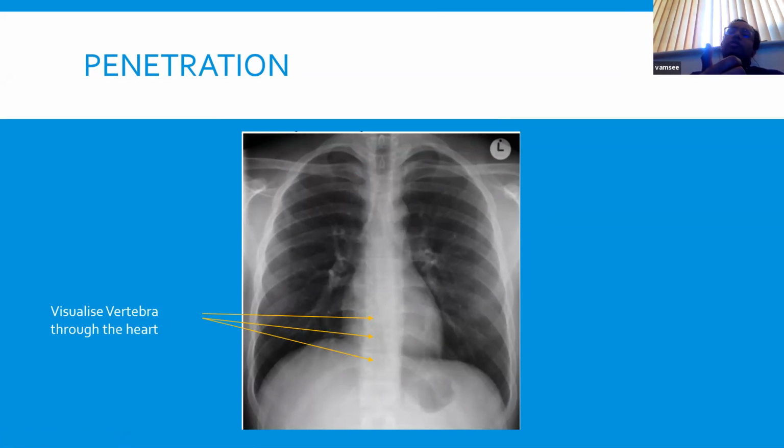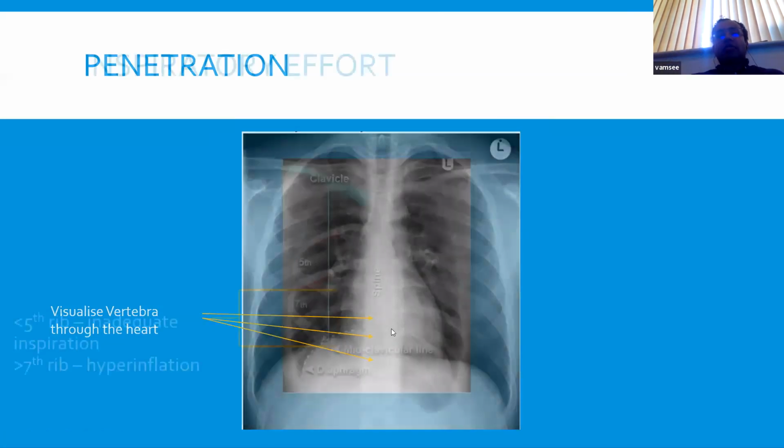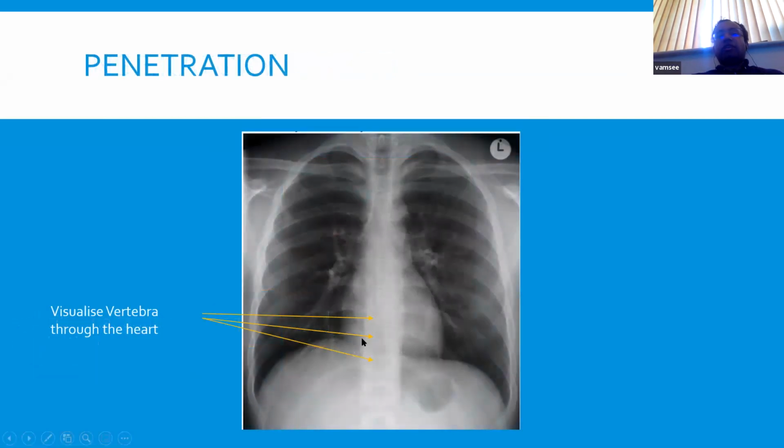That's a rough rule of thumb to say that it's adequately penetrated, because you're going through soft tissue and you're still being able to distinguish them. If a film is not adequately penetrated, there will be certain problems.